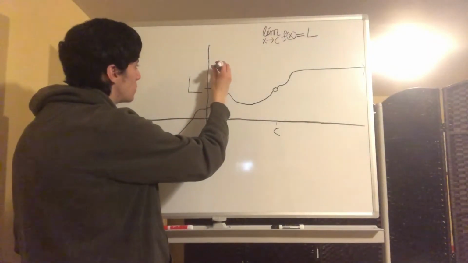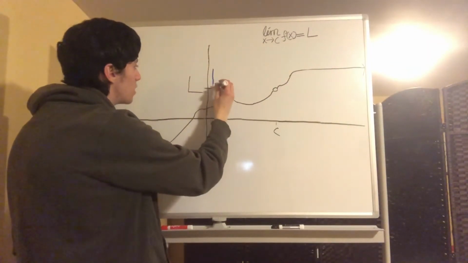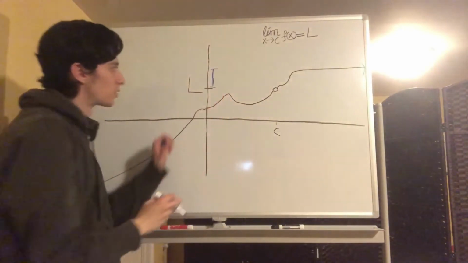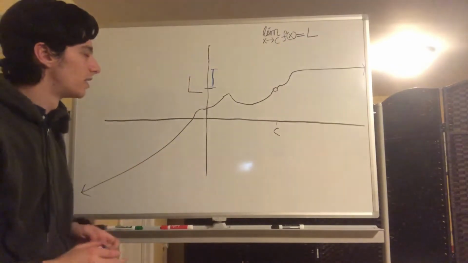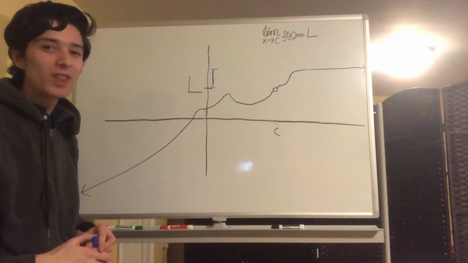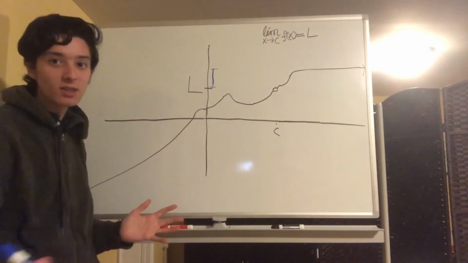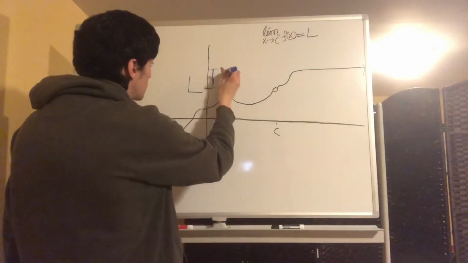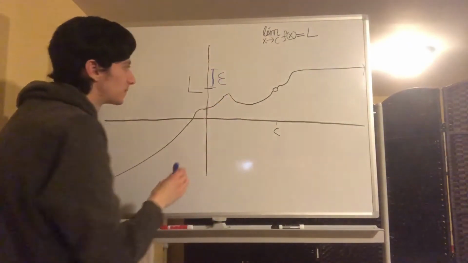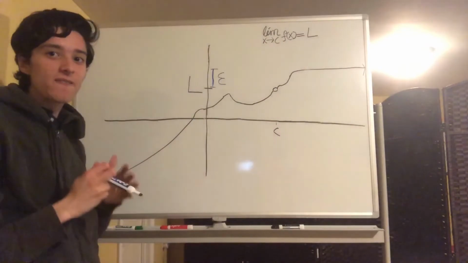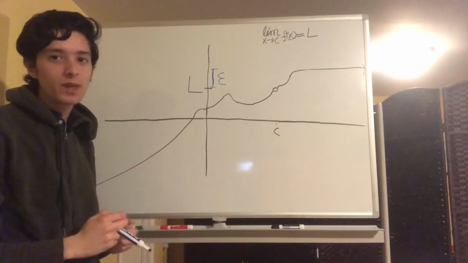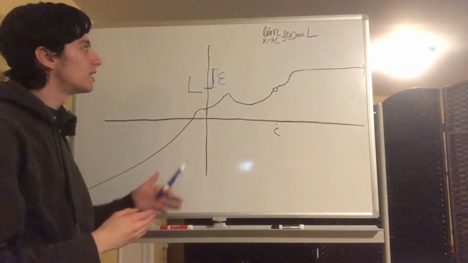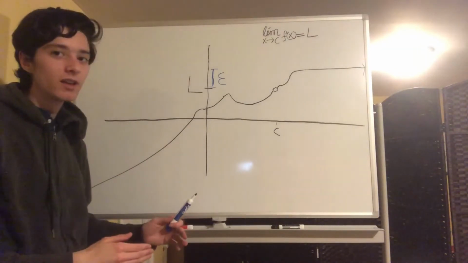So let's say they're allowed to be within this much of L. So let's call that distance the Greek letter epsilon. So the values of f of x are allowed to be within epsilon of L, or the distance between f of x and L is less than epsilon.